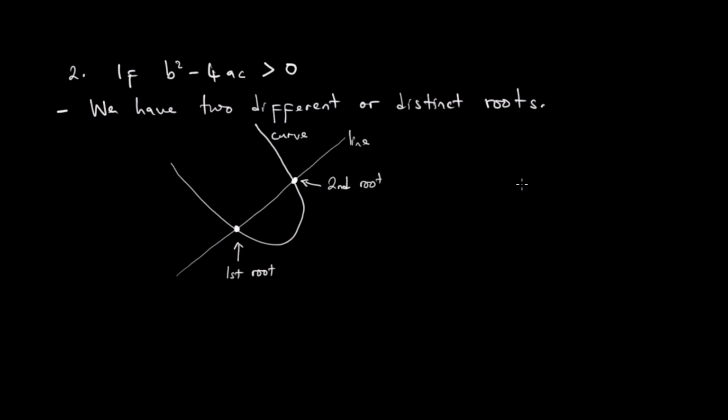So let us write this. When the discriminant, which I am denoting by d, is greater than 0, this means d is a positive number.